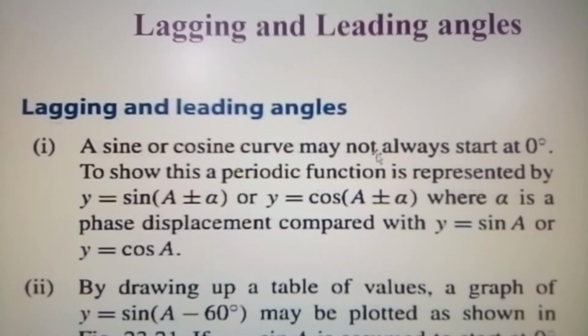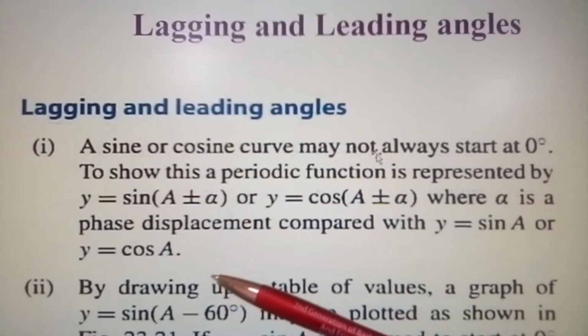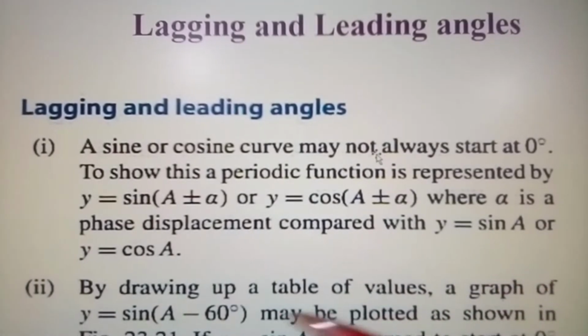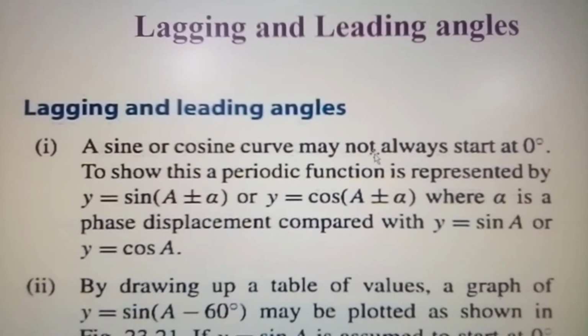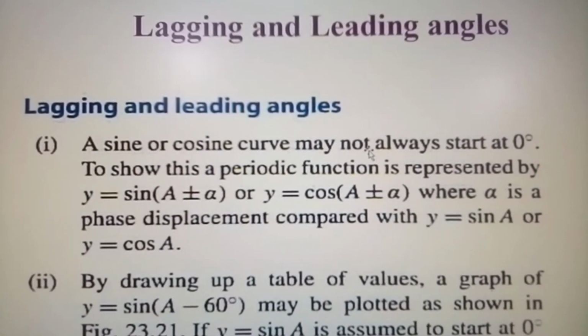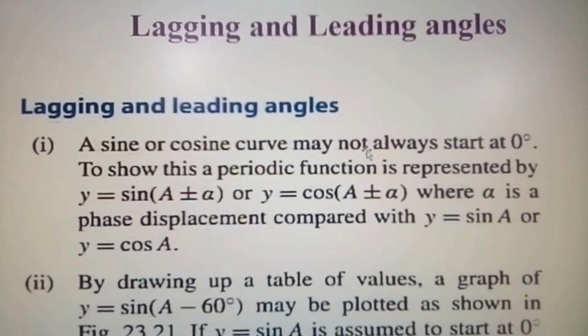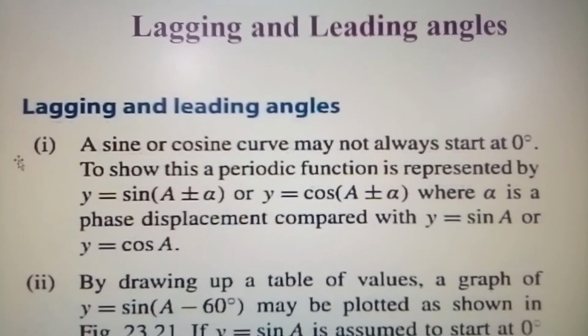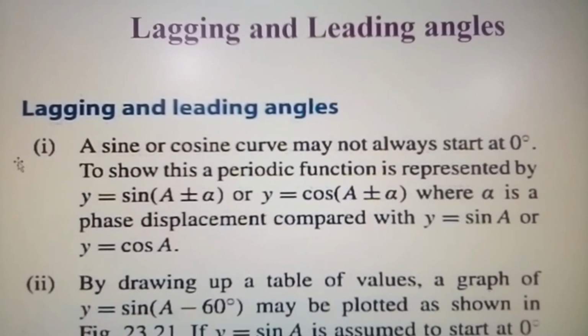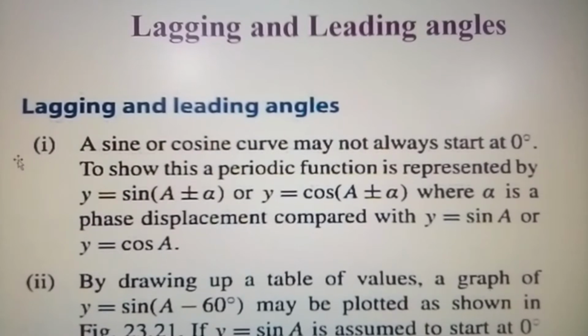We'll take it as a or delta, where a is a phase displacement compared with y equals sine A or y equals cos A. By drawing up a table of values, a graph of y equals sine A minus 60 degrees may be plotted as shown in figure 23.21. If y equals sine A is assumed to start at 0, then y equals sine A minus 60 starts 60 degrees later, i.e. has a 0 value 60 degrees later.